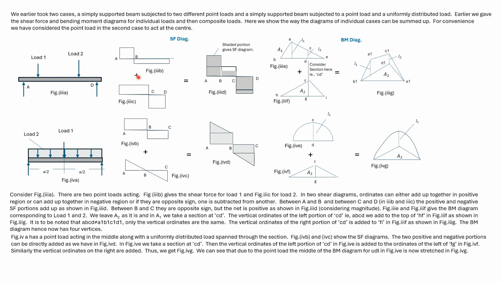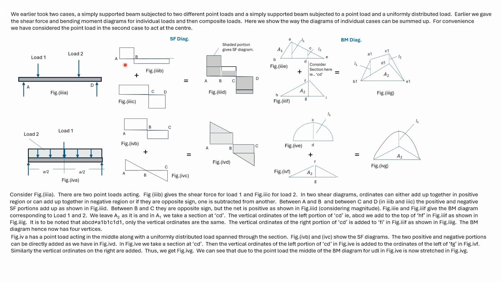If the shear force is negative in both cases, then again we add the shear force in the negative region. If the shear force is positive in one diagram and negative in another diagram, then we subtract.